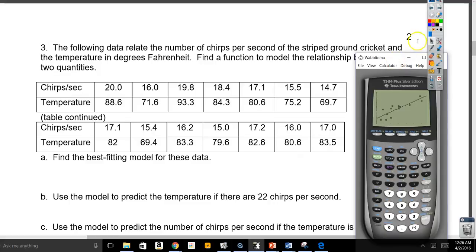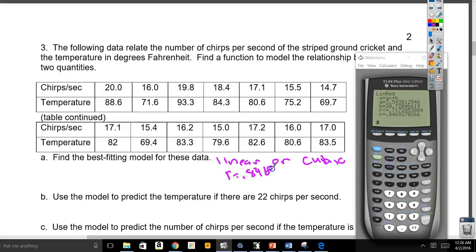So we decided that it could be linear or cubic. So linear had R equal to 0.8469. Let's try cubic now and see what it does.